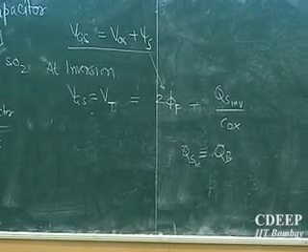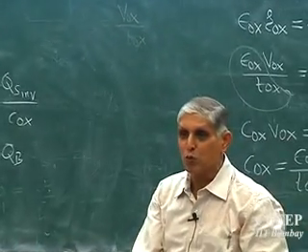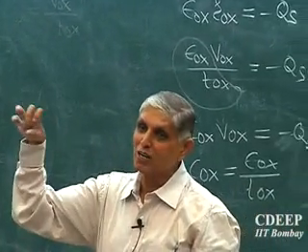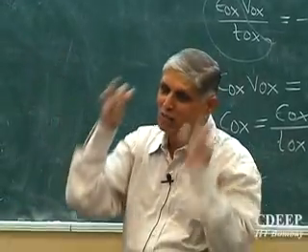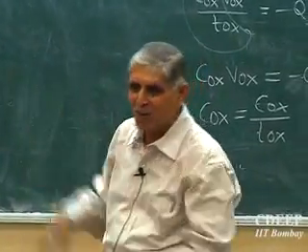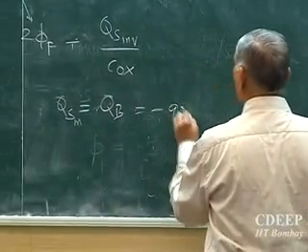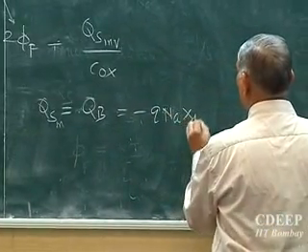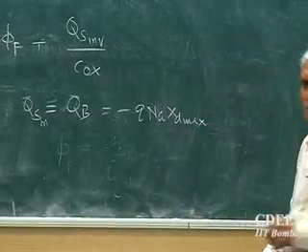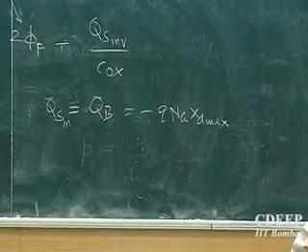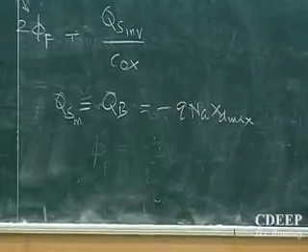So please remember, in calculation of QB, I have used strong inversion psi s value. That is slightly not good, but okay, accept it. So that is essentially minus Q Na XD max. Is that correct? Minus Q Na XD max.